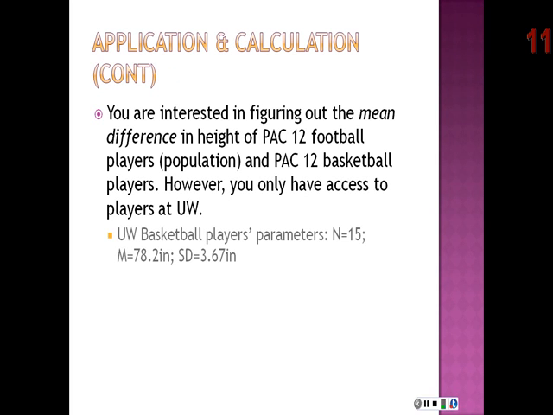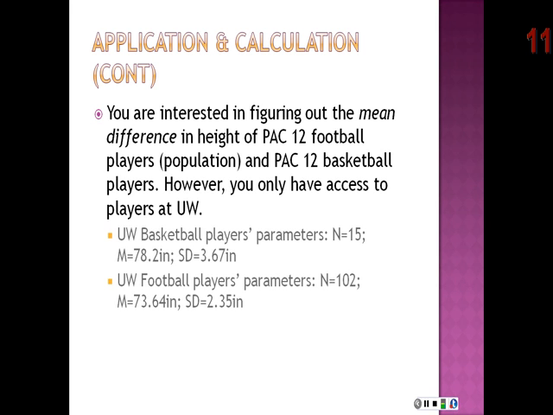And then additionally we get the football players' parameters. Again, these are real data. This is data I took off of the internet. So we want to know what the average difference is in the mean for the population of football players versus basketball players, using these two as samples.